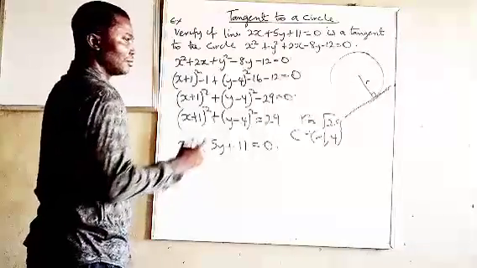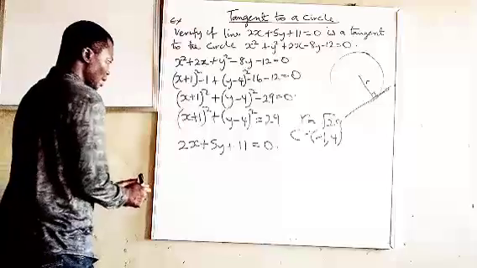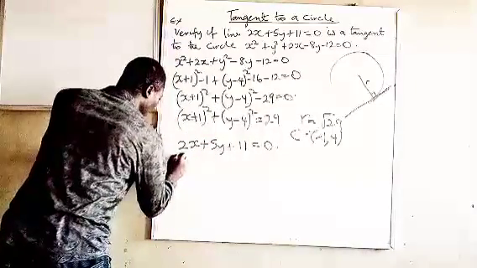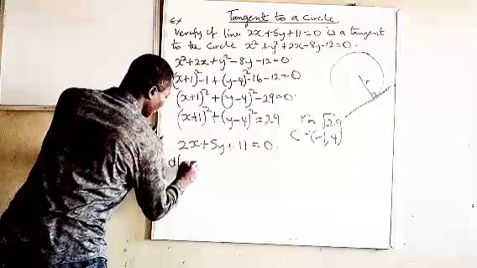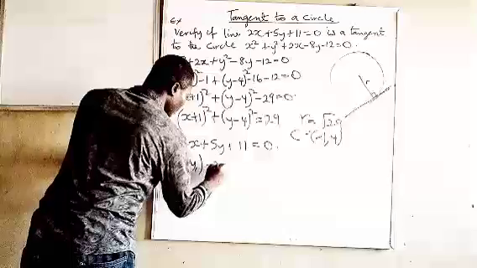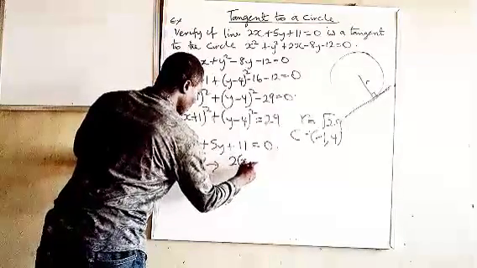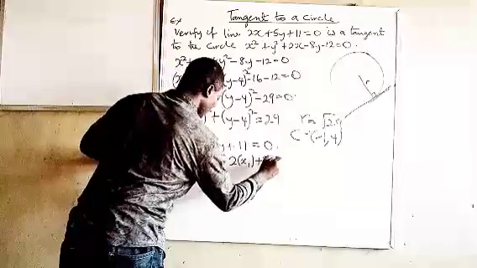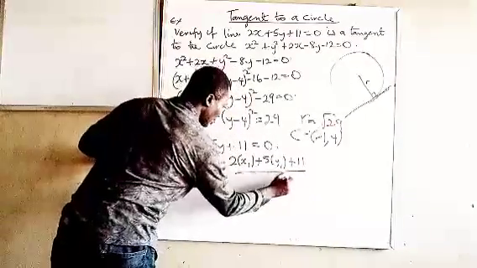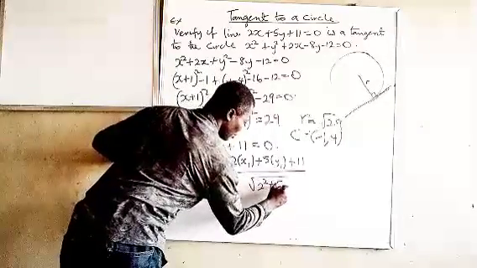And recall from the equation of a straight line, the distance from a point (x1, y1) to the straight line will be 2 into x1 plus 5 into y1 plus 11 over square root of 2 squared plus 5 squared.